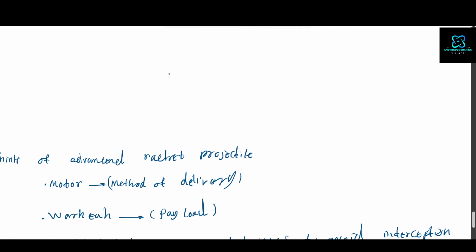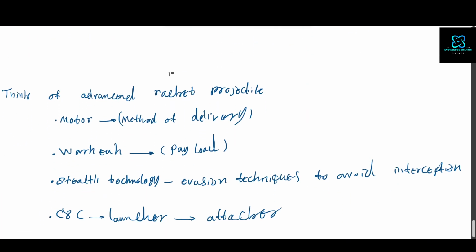The analogy is, think about an advanced rocket projectile. It has a motor, right? This is similar to vectors. What is the motor's job? It is to deliver the warhead.